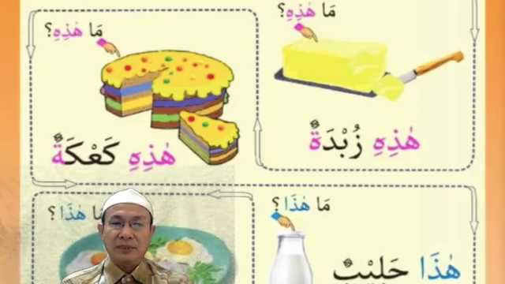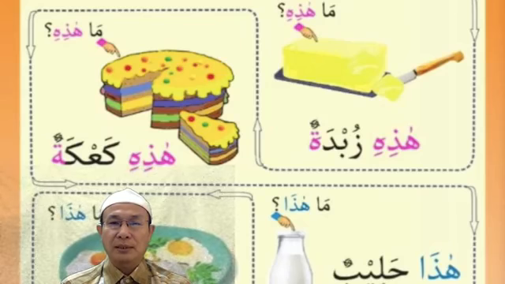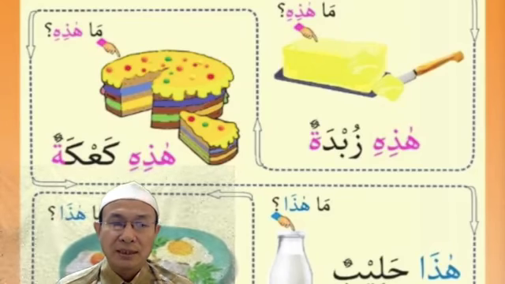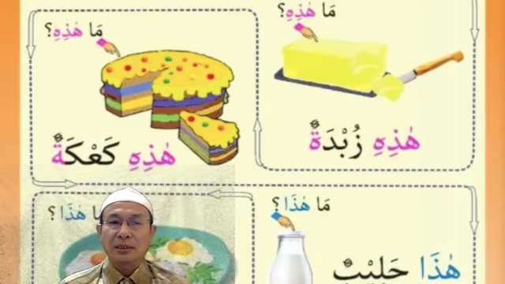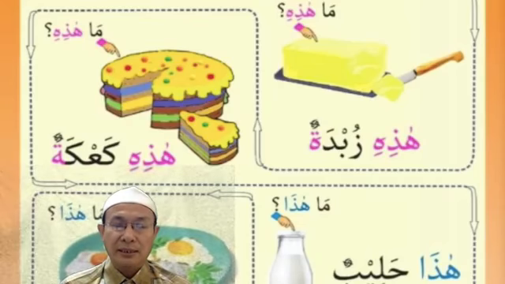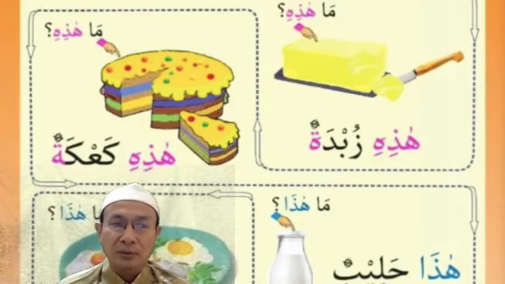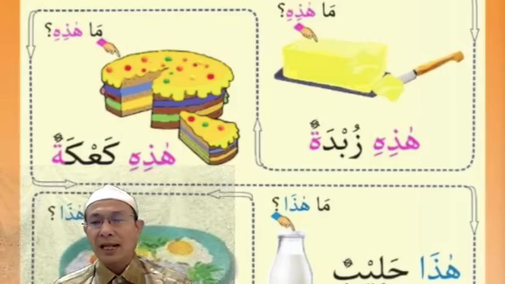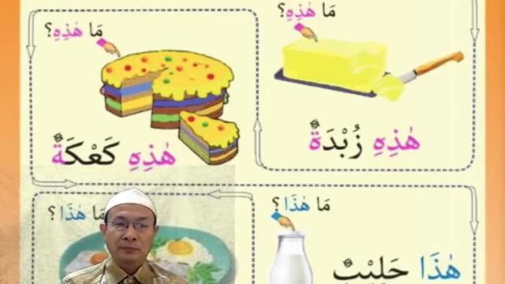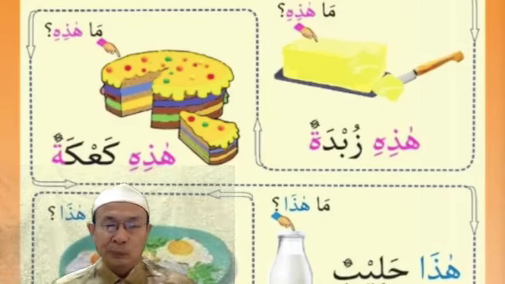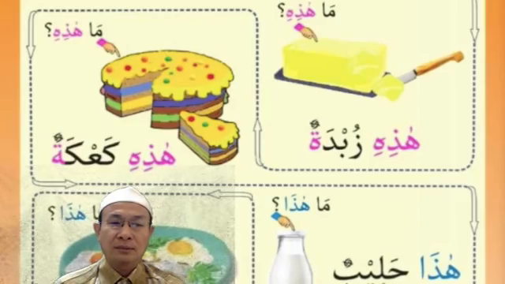And now let's look at the picture on your left side. What do you see? Yes, you see a cake. Cake is called in Arabic ka'katun.